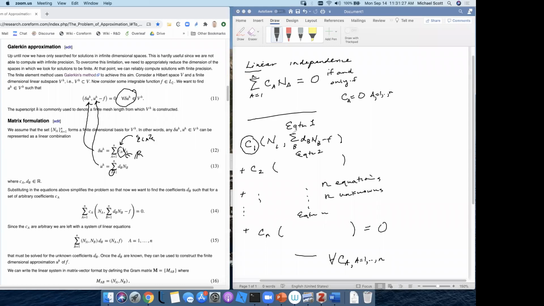Okay, do you notice how we have a summation that's equal to 0? And we're saying that all the c's, in this case, are arbitrary.